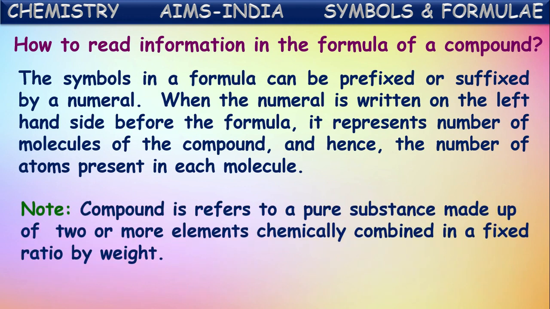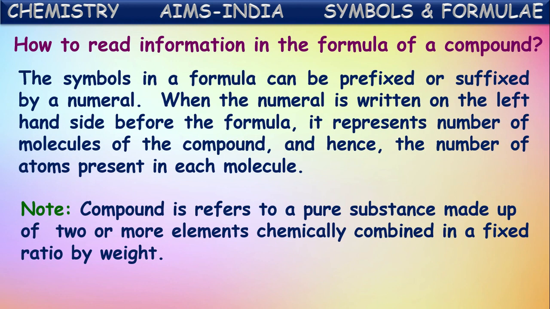Okay, a compound refers to a pure substance made up of two or more elements chemically combined in a fixed ratio by weight. Yes, this we have learned already while explaining the compound and classification of matter. Matter is classified into two types chemically: pure substances and impure substances.